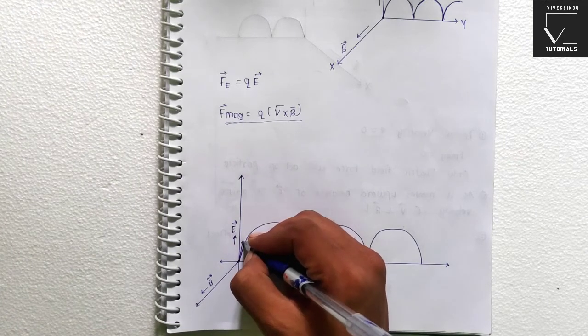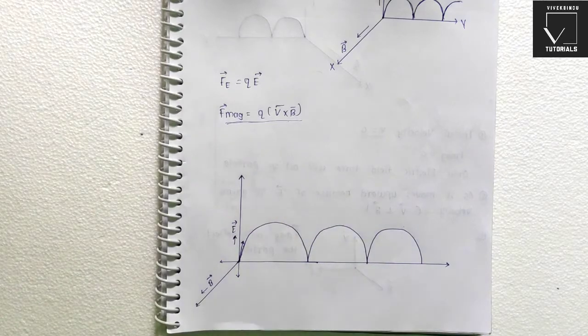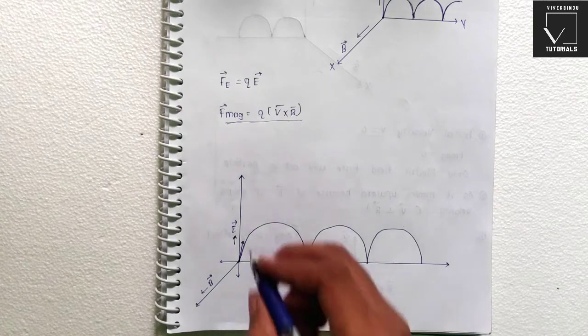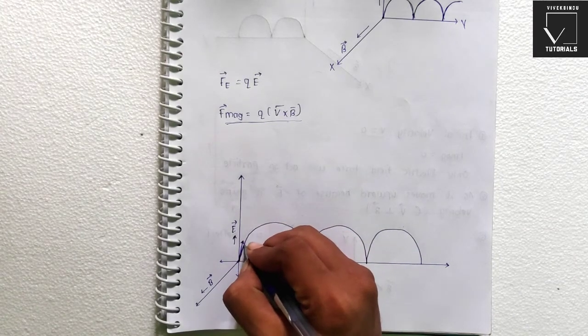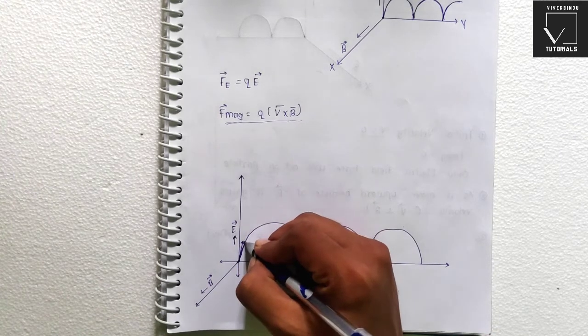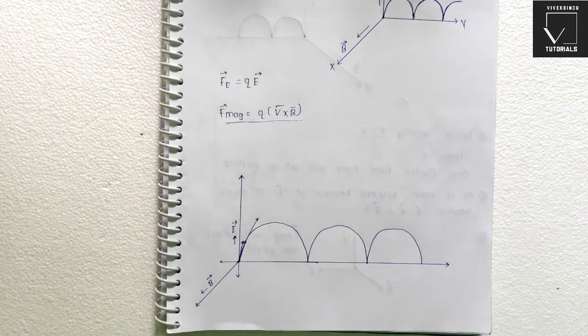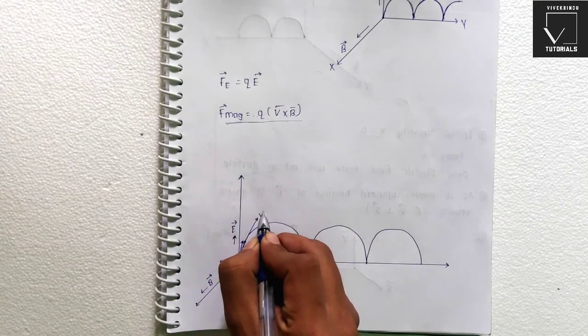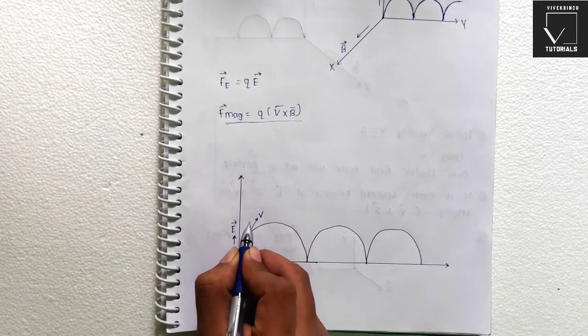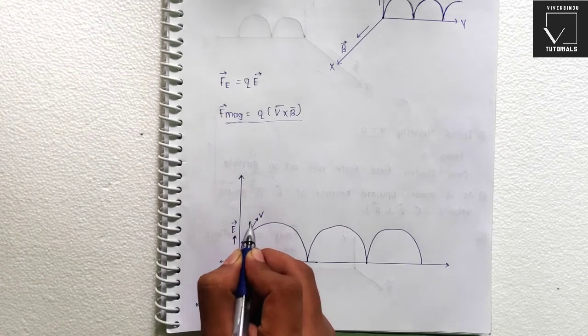Consider this is the direction of velocity when the particle starts moving. After it moves some distance, if the particle is here, then the direction of velocity will be in this direction. So it has some velocity and the magnetic force has also started acting on it.